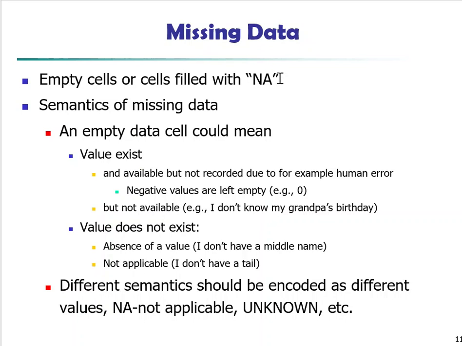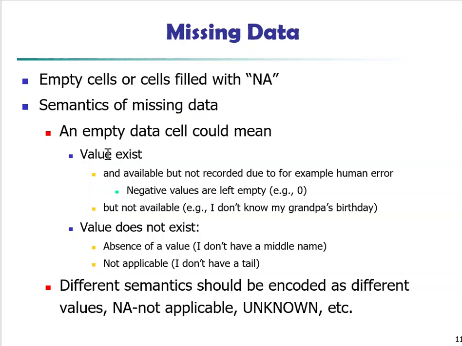Even though those cells are filled with NA, I want to draw your attention that many times the meaning behind NA is different. So I provide a simple categorization of different situations. An empty data cell could mean the value for that data exists or does not exist.